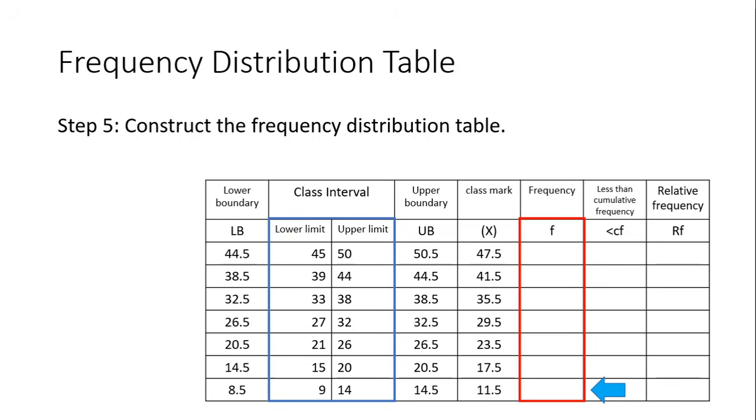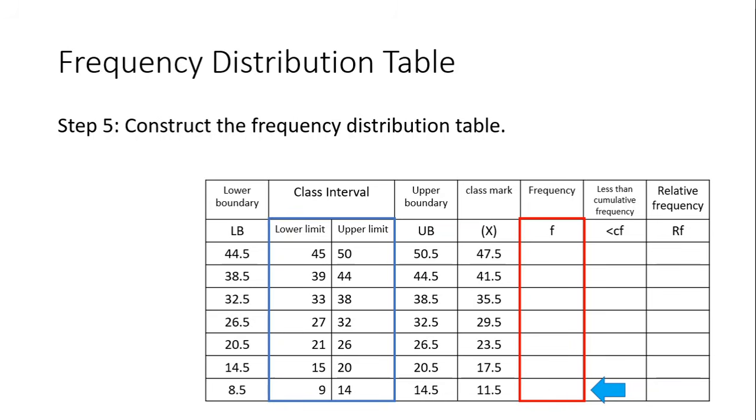Now, we have stated here that for individuals who have earned a score of 9 up to 14, they belong to this group. Okay, from the data set we will count how many individuals have gotten a score of 9 to 14, and then we will place them as the frequency. Okay, that's simply what it means.